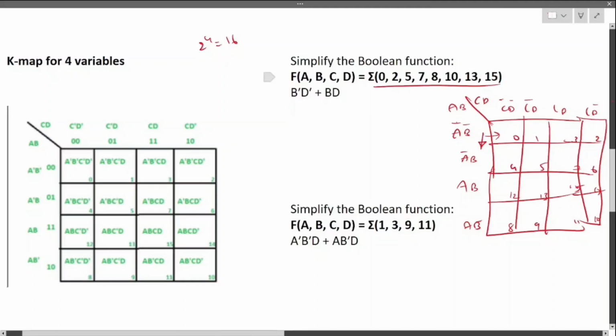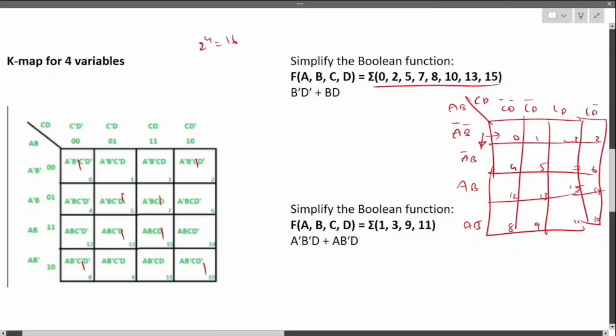Okay, these are the terms given in the question. Let us apply the KMap for this: 0, 2, 5, 7 and 8, 10, 13 and 15. Same way as we have seen, right?